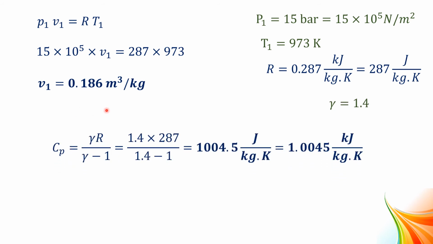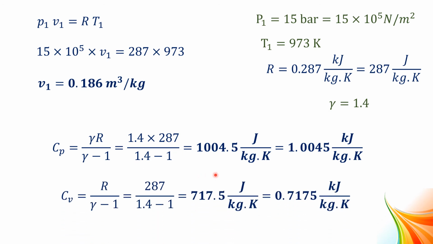Now we have to find out the value of Cp. Cp equals gamma R by gamma minus 1. Gamma value or n for gas is known, which is 1.4. Substitute it here and find out the final Cp value, which is 1.0045 kilojoule per kilogram Kelvin.